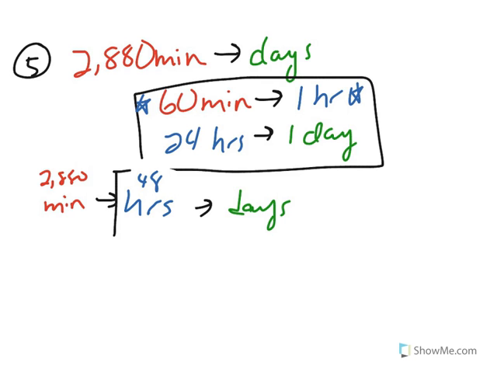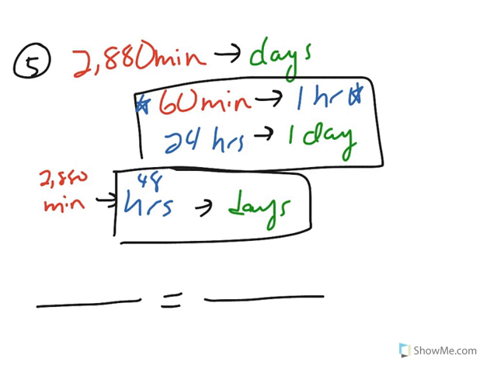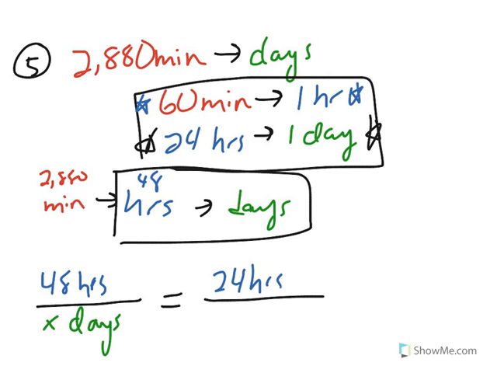So now we're going to do the conversion from 48 hours to days. The way you do that is you set up yet another proportion with the information you know. 48 hours. We want to convert that to x days. And the information that will help you do that is this right here, that 24 hours is equivalent to 1 day. Cross multiply to solve.